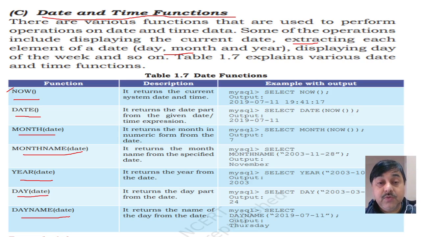So next we will see this after completing and executing those commands. First, let us execute the commands in various ways. Let us execute them: now, date, month name, year, and day. As we execute, we can see how we get the values and how we implement them.